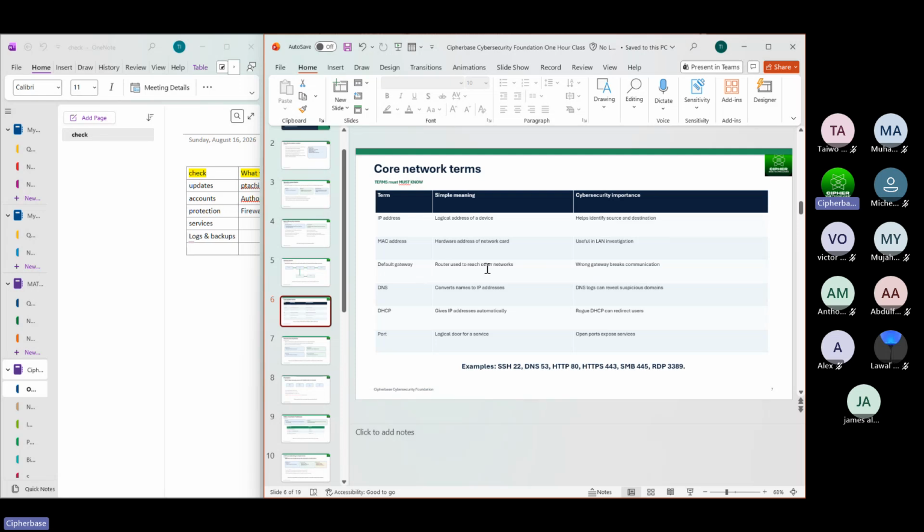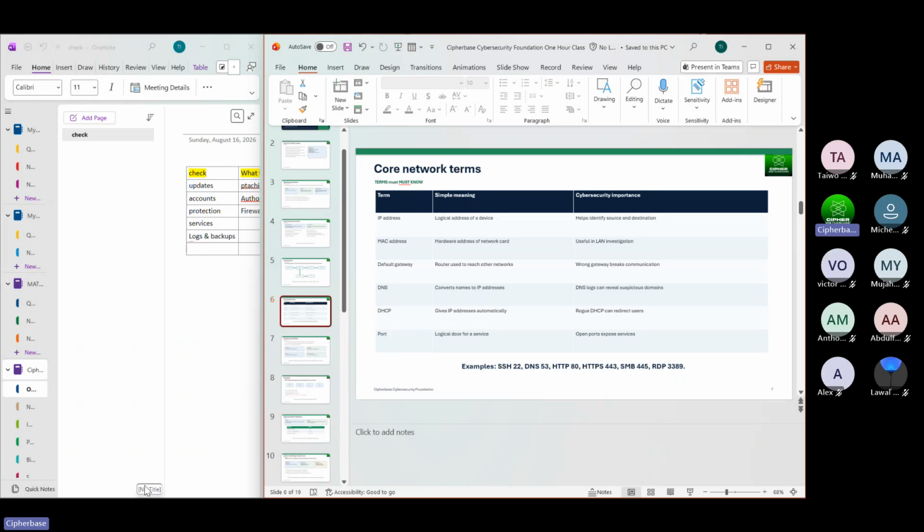Here we have IP address, MAC address, default gateway, DNS, DHCP, and ports. This is what we need to understand, because if you don't understand this, there's no way we can proceed in this training. It's very, very important for us to understand what all these stand for. I know most of us understand this.